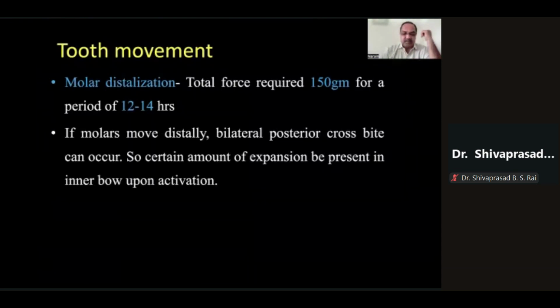Now, headgears can be used for tooth movement also, mainly for distalization. The force value is around 150 grams per side, and the period is about 12 to 14 hours. Now, as the molars distalize, you need to give a little more expansion in the inner bow so that the molars will not roll in lingually.